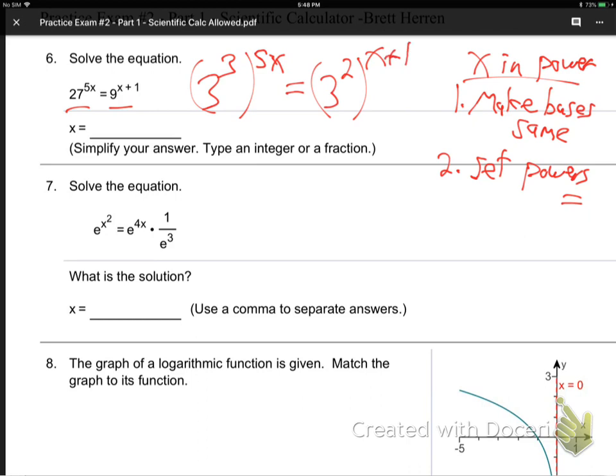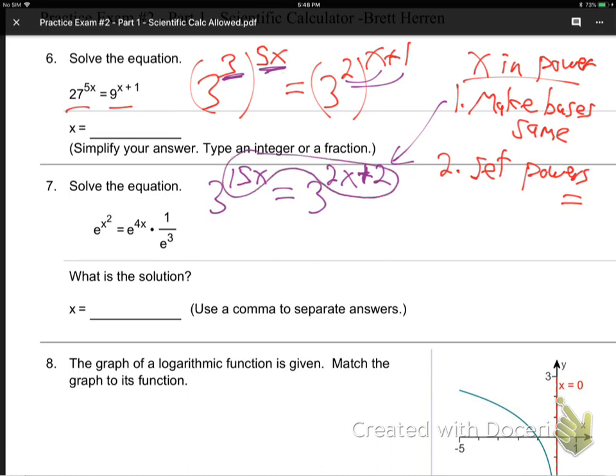Now, it's a little scribbly here. Now we need to remember the power rules. These powers multiply, so that's 3 to the 15x. And these powers multiply: 2x plus 2. So there we go, I made the bases the same. Now step 2, just set these powers equal.